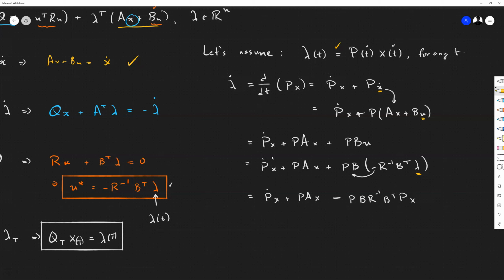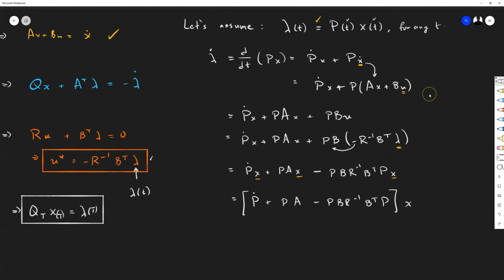And now we see what happened here. Well, we have an x here, and an x here. So we can put this all together. We get p dot plus pa minus pb r inverse b transpose p, and this is all times x. So lambda dot is equal to something times x.